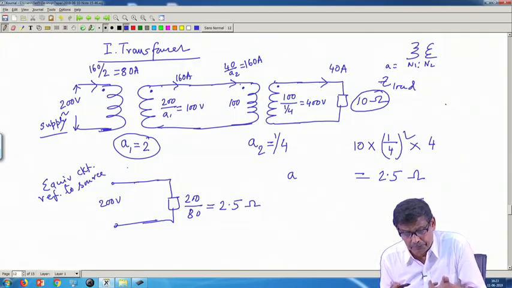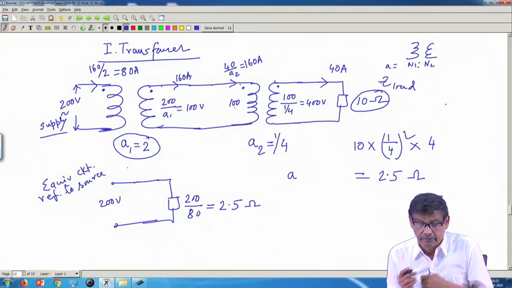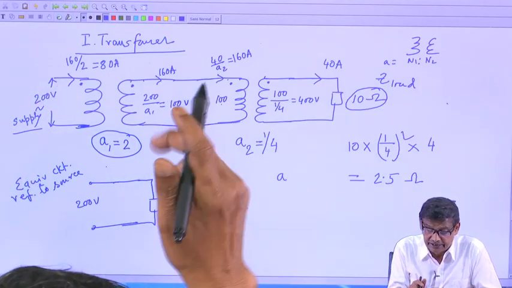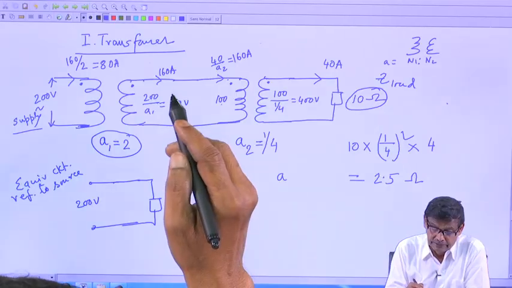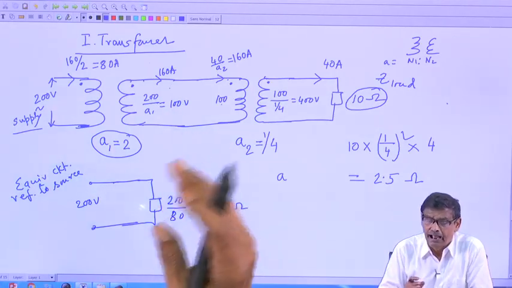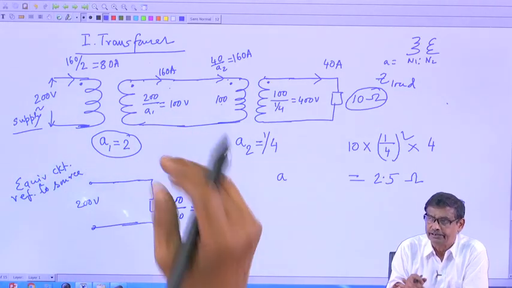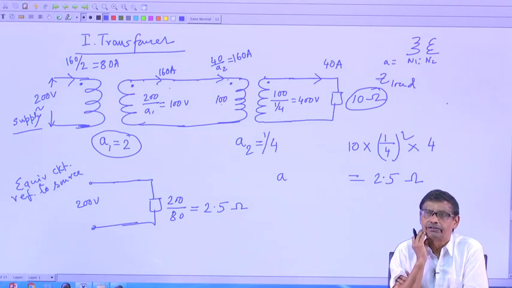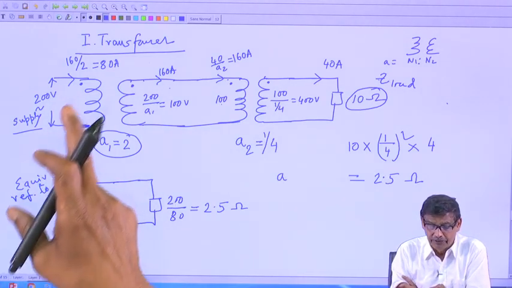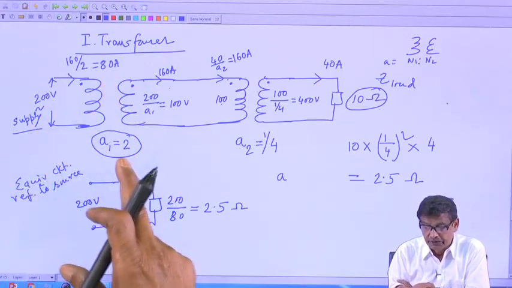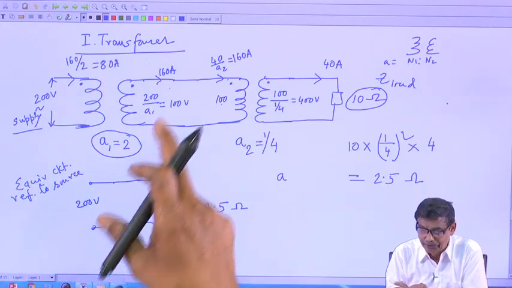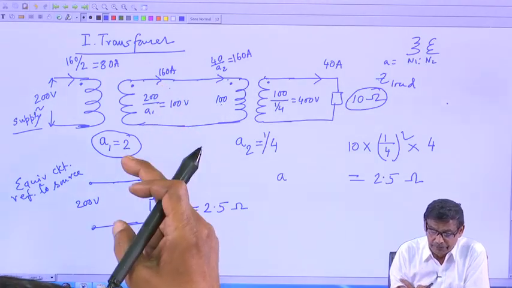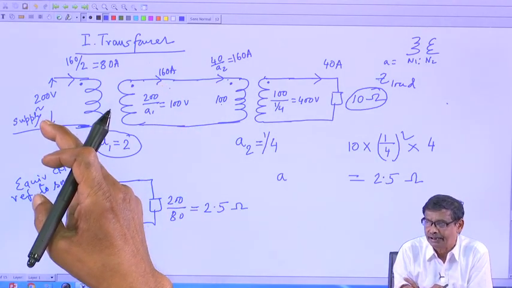So, you have to divide it by 2. If you know this current on the LV side, LV side current is always higher. Therefore, this current 80 ampere should be multiplied by 2 to get 160, or if you know 160, it should be divided by this A to get 80.